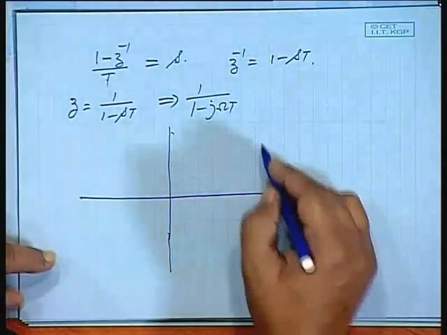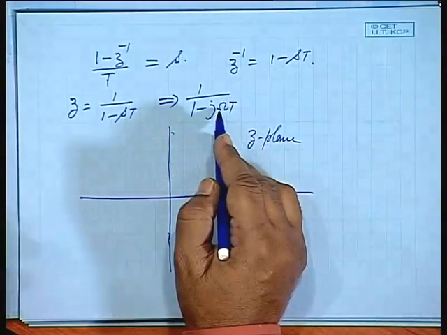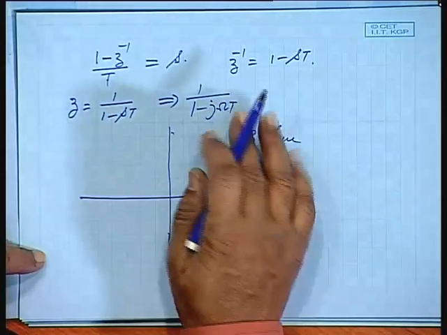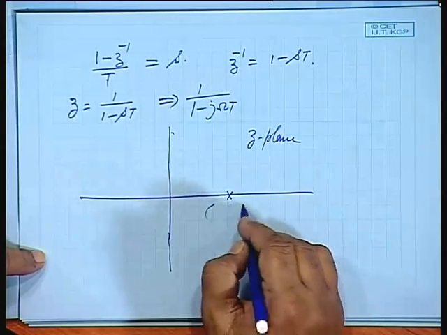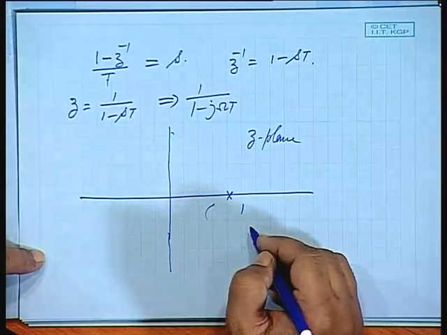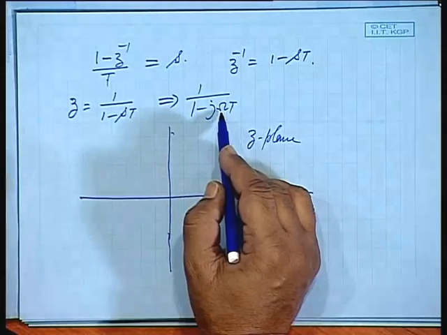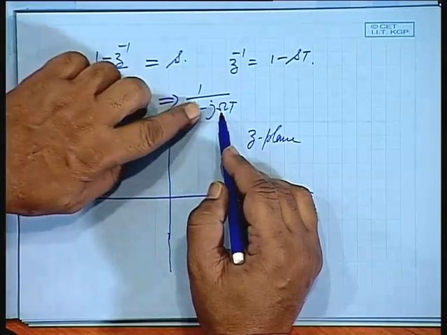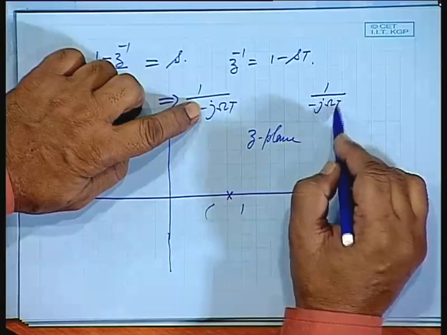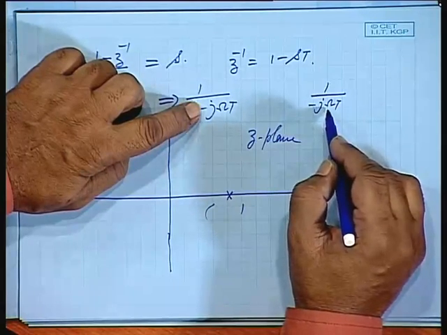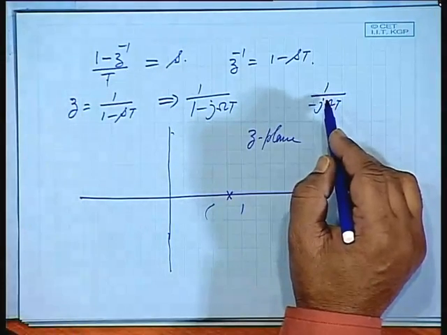What will be the mapping in the z plane? If you take omega very small, it will be 1, okay. When omega tends to infinity, a very large value, this will be tending to minus j omega t, omega tending to infinity. So, magnitude wise it will be very small, and minus 1 upon j is plus j.